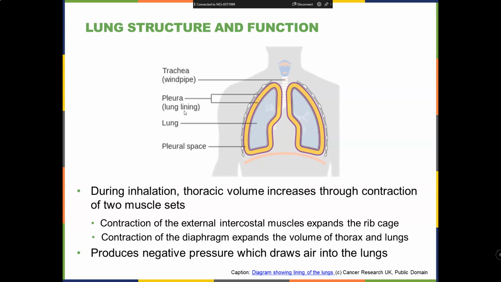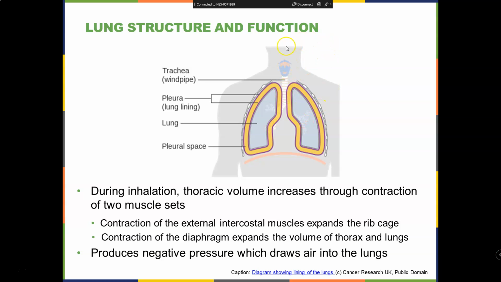All right, lung structure and function. So just to reinforce what I said earlier, this is true for all animals with lungs. The lung is in a sealed container. All right, the volume of this container can't really change unless we can add some volume to it.